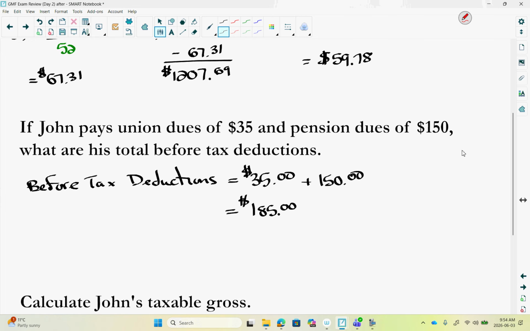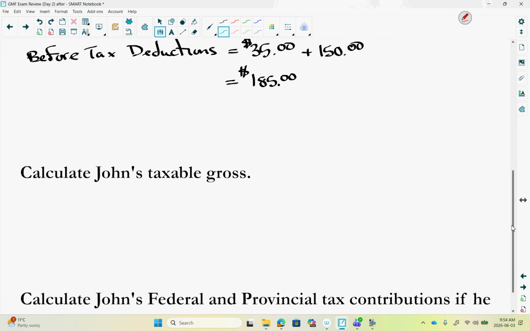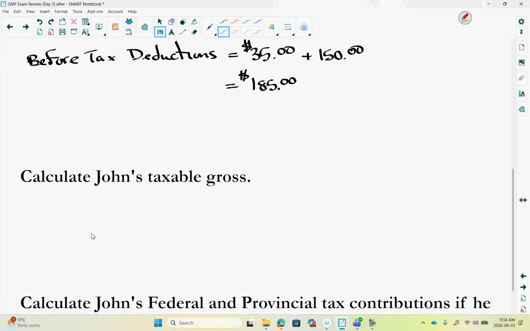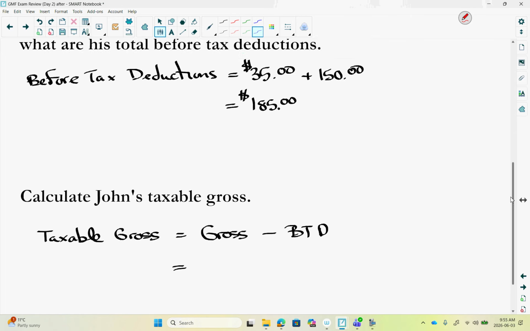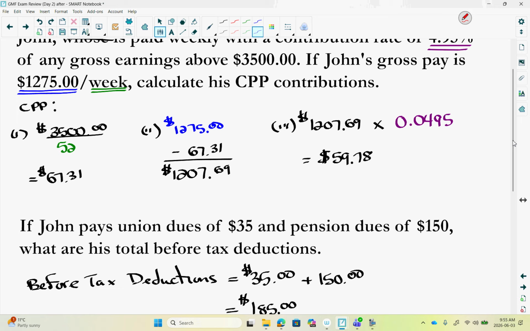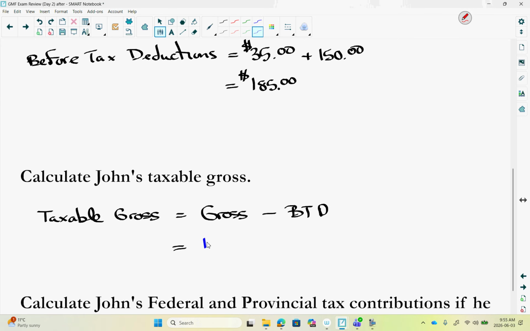How do you get his taxable gross? To get the taxable gross, you're going to take his gross earnings and subtract his before tax deductions. The gross is this number up here, $1,275 a week, minus, anyone know what the before tax deductions are?